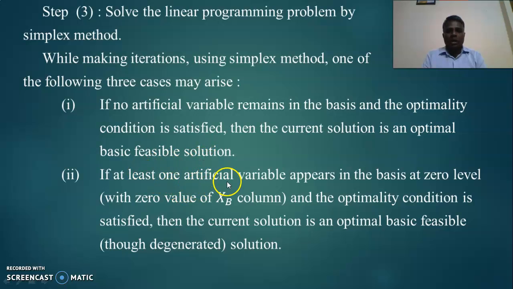Second, if at least one artificial variable appears in the basis at zero level with zero value in the XB column and the optimality condition is satisfied, then the current solution is an optimal basic feasible solution, though it may be degenerate.